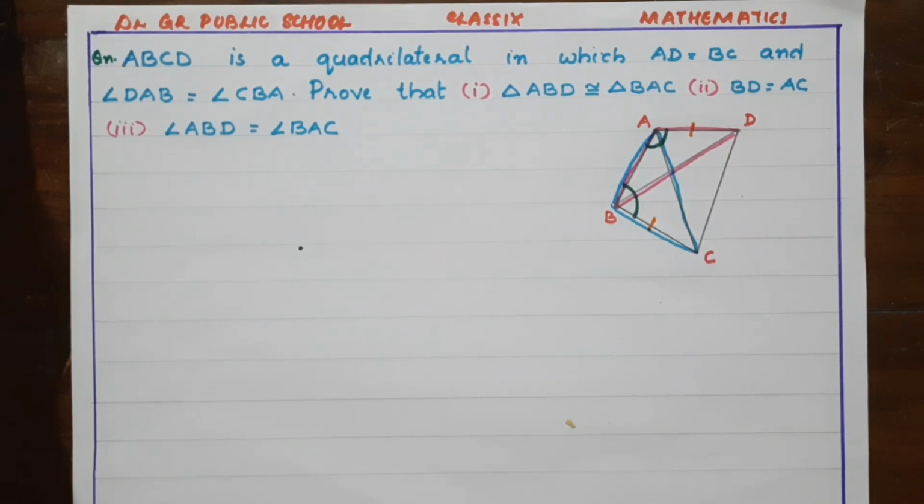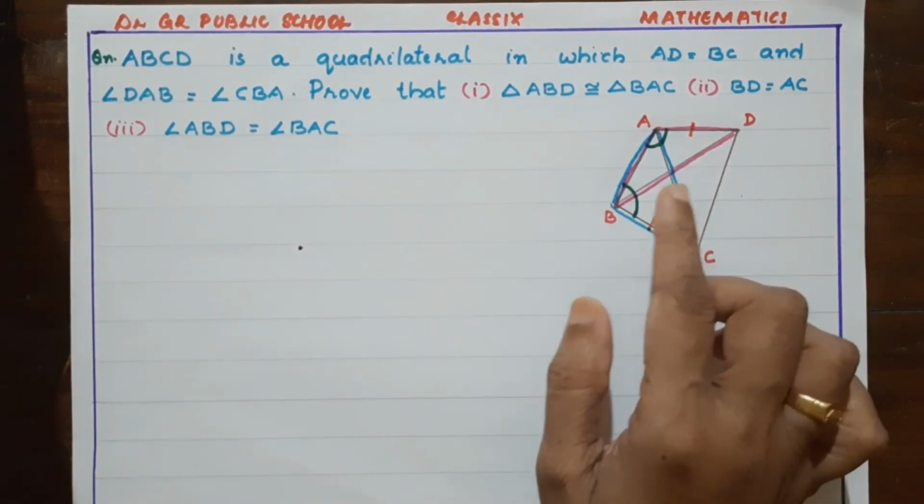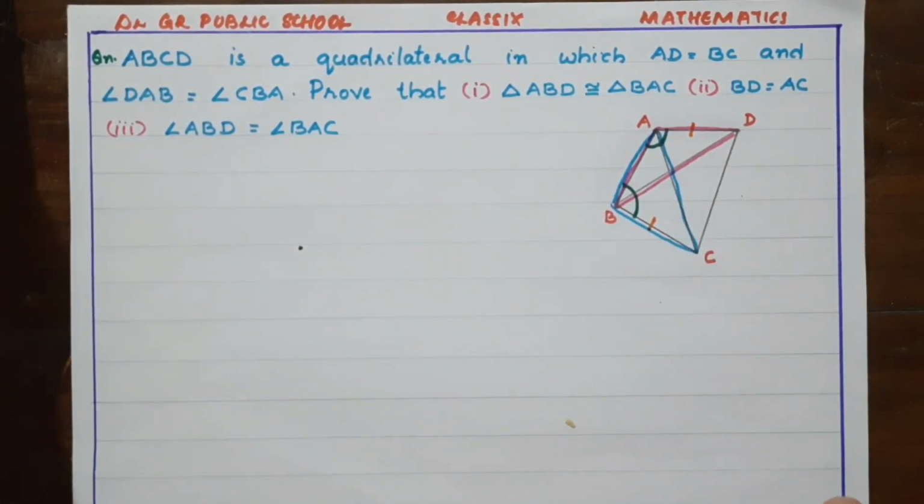But after studying all the criteria, you can verify which one is easier to apply. Okay, now consider this ABD and BAC. And you know we need three equalities to prove the congruency. Let's verify whether we have three equalities or not.